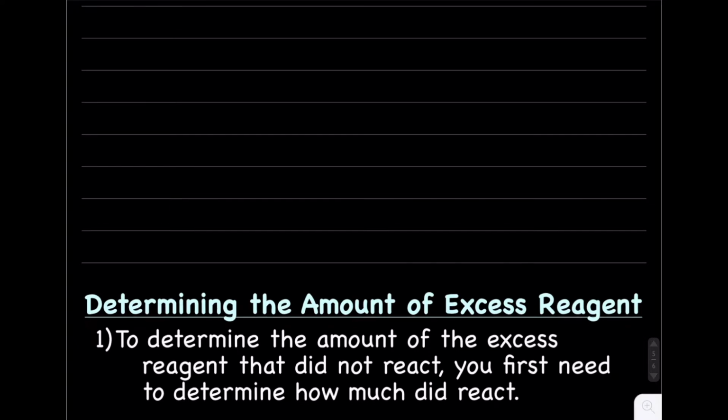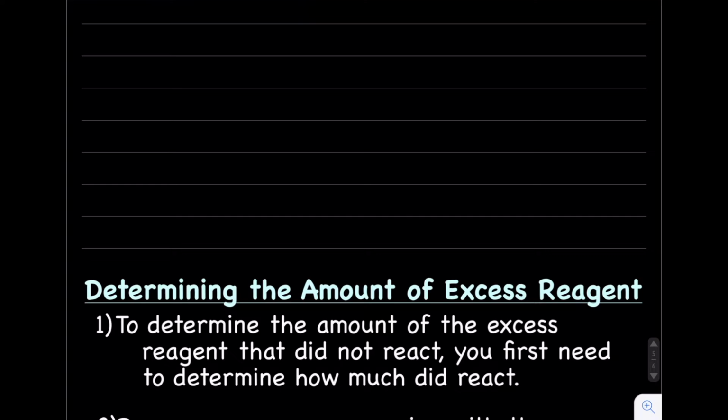All right, so to determine the amount of excess reagent, and what I mean by excess reagent is, like we go back to our peanut butter and jelly example, our bread was the limiting, excess is the stuff that's left over, like our peanut butter and jelly. So what we want to figure out is exactly how much peanut butter and how much jelly is left over.